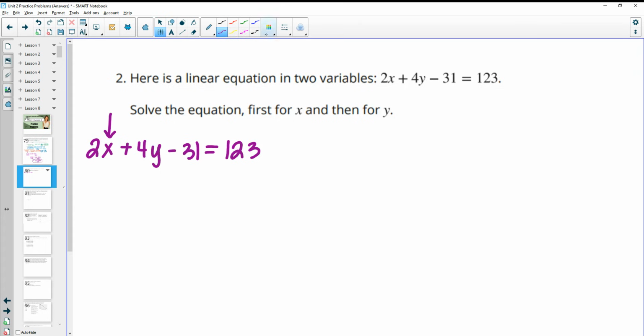When I look here, I see that there's a like term with the 123. So I'm going to bring this over to the other side first. We're going to add 31 to both sides because negative 31 plus 31 is 0. So then we'll have 2x plus 4y plus 0 equals 154.